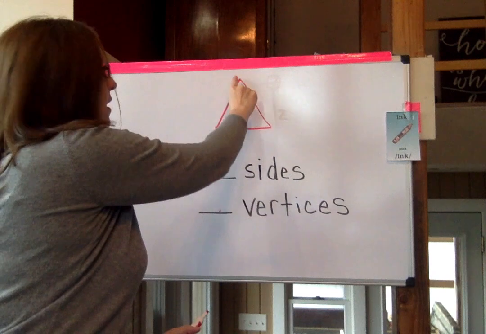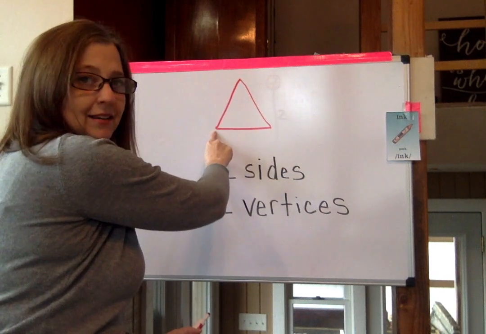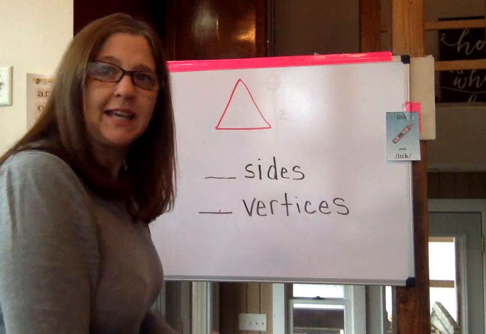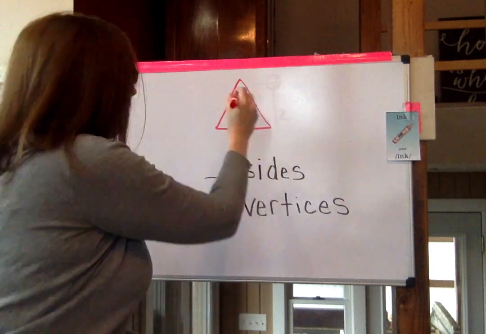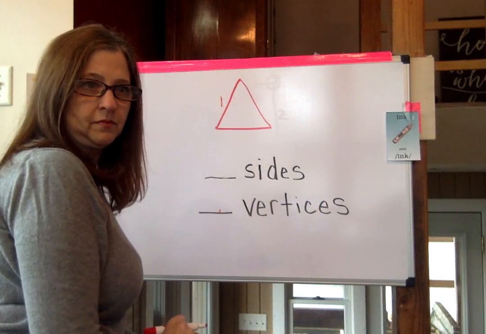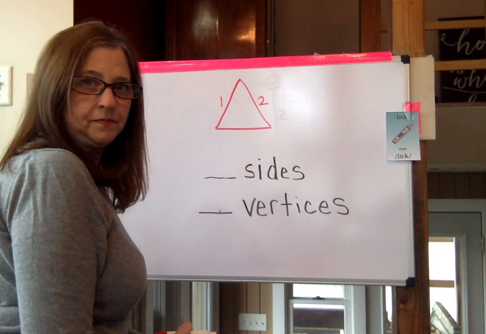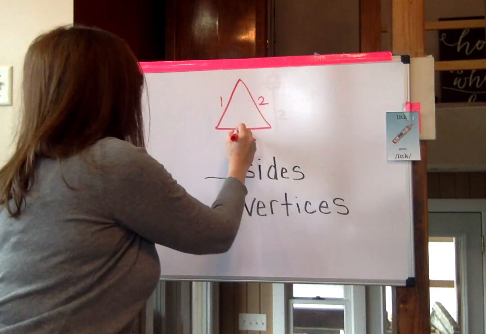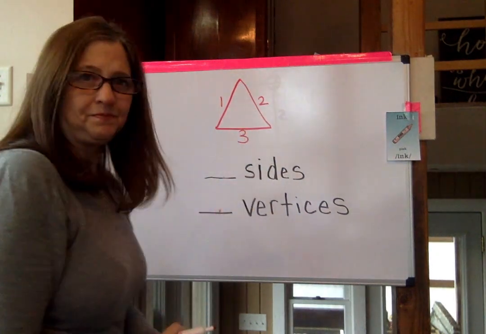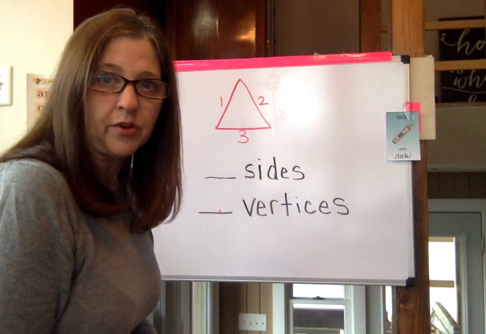Ready? 1, 2, 3. All right, can we label the sides of a triangle now? Well, let's write it. 1, 2, and 3. So boys and girls, how many sides does a triangle have?